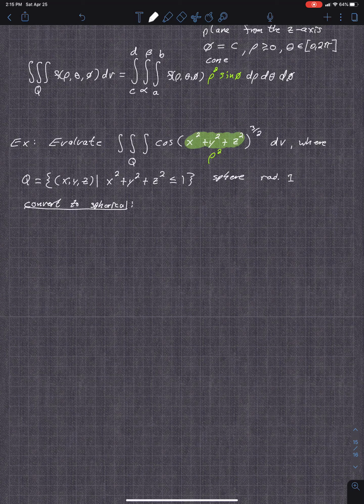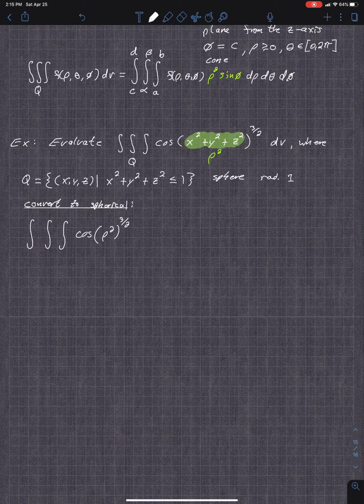Okay, so let's convert this to spherical. And we have our triple integral, like that. And then it's going to be cosine of, and then that'll be rho squared raised to the 3/2.